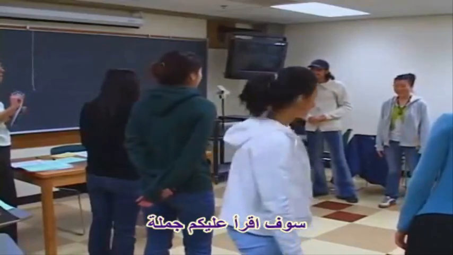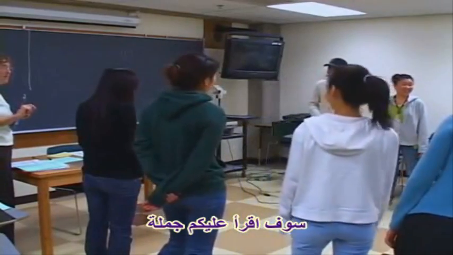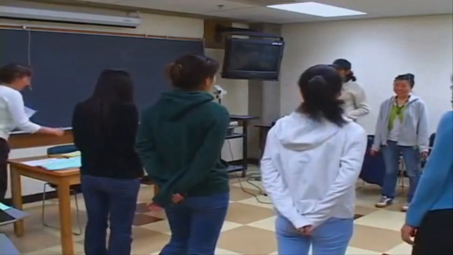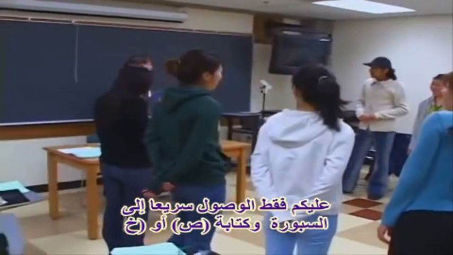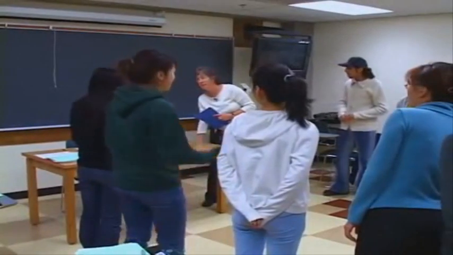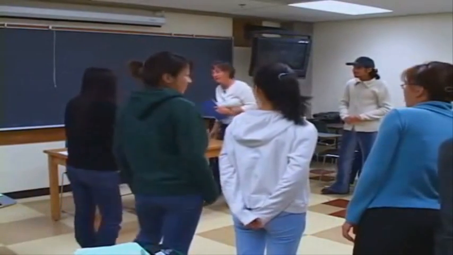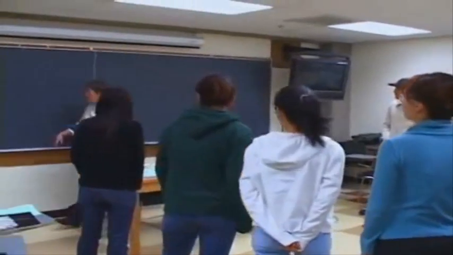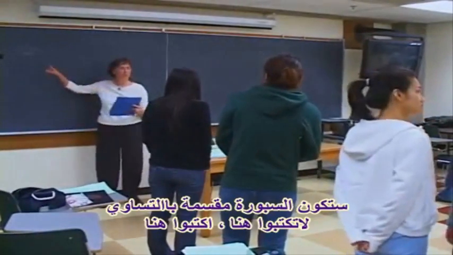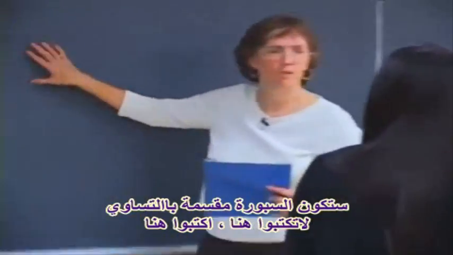Here's what's going to happen. I'm going to read a sentence. You need to decide if it's true or false. You need to run up to the board and write T or F on the board. So if it's true, you write T. If it's false, you write F, okay? Kind of equal distance. You don't have to write it right here. You can write it right here.